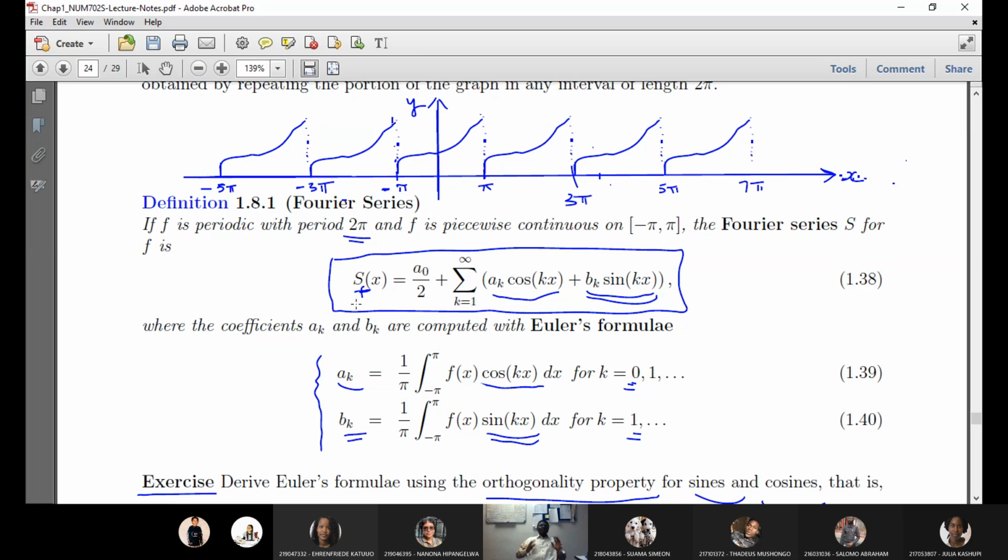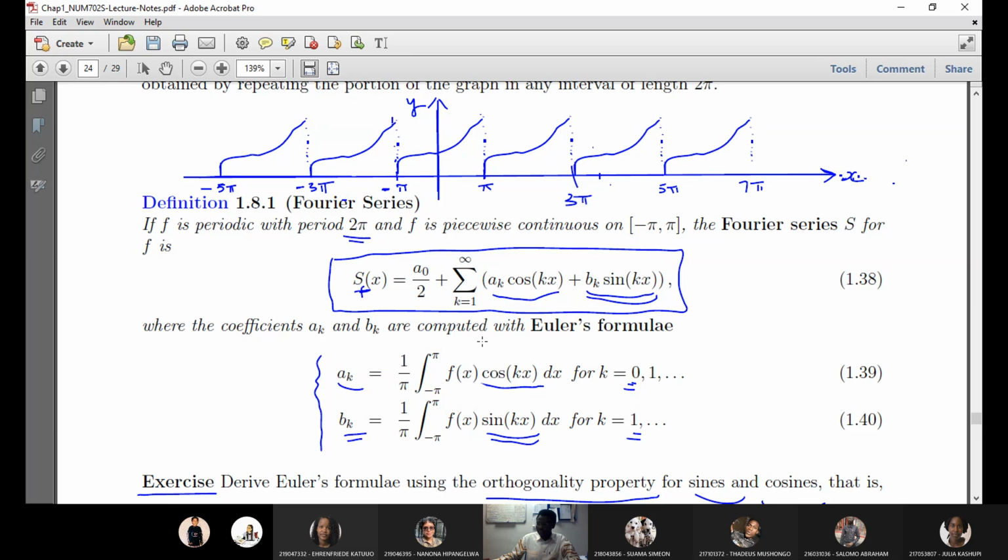Okay, so our function f is periodic, of period 2 pi, and is also piecewise continuous on the interval negative pi pi. Now I will explain what it means.